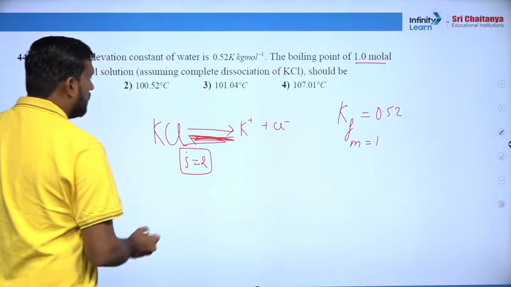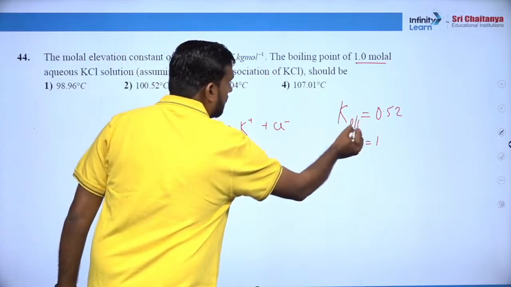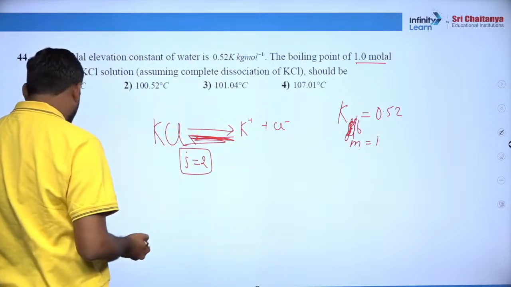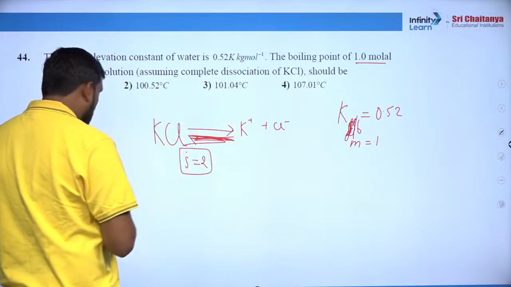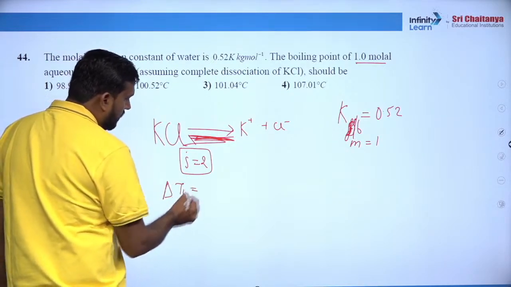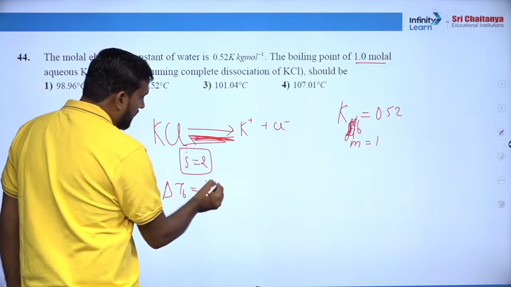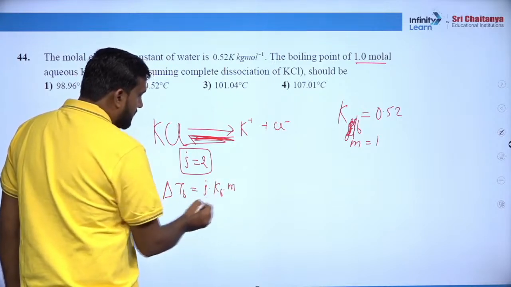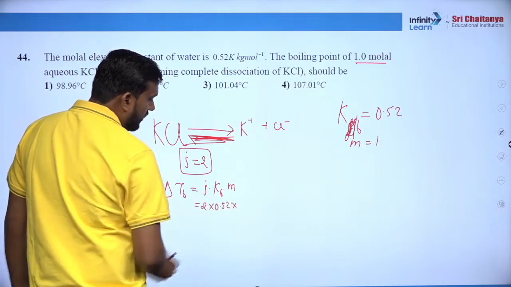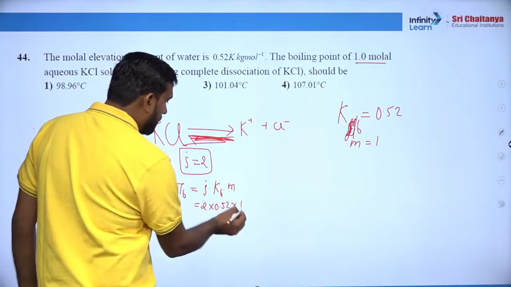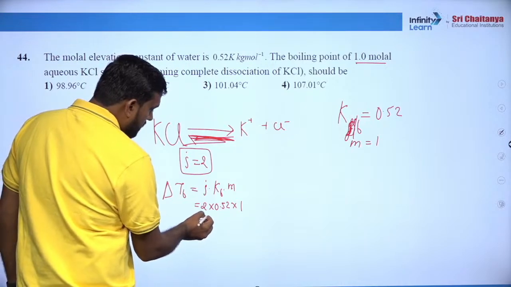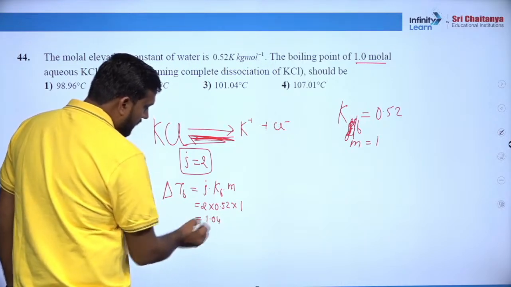The formula you can use is with Kb. This is not for freezing, it's for boiling point. The molal elevation constant is given, not the depression constant. So the next step: delta Tb is equal to i times Kb times m. Here i is 2, Kb is given in the question as 0.52, and molality is 1. So delta Tb comes out to be 1.04.